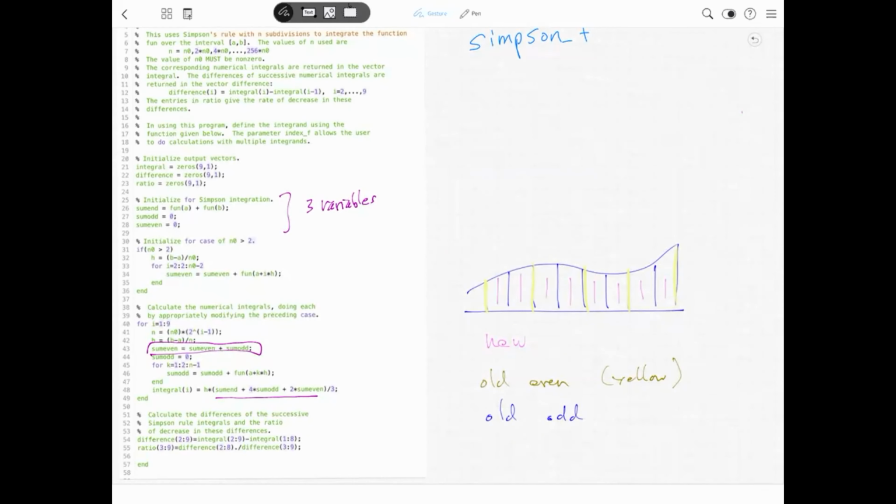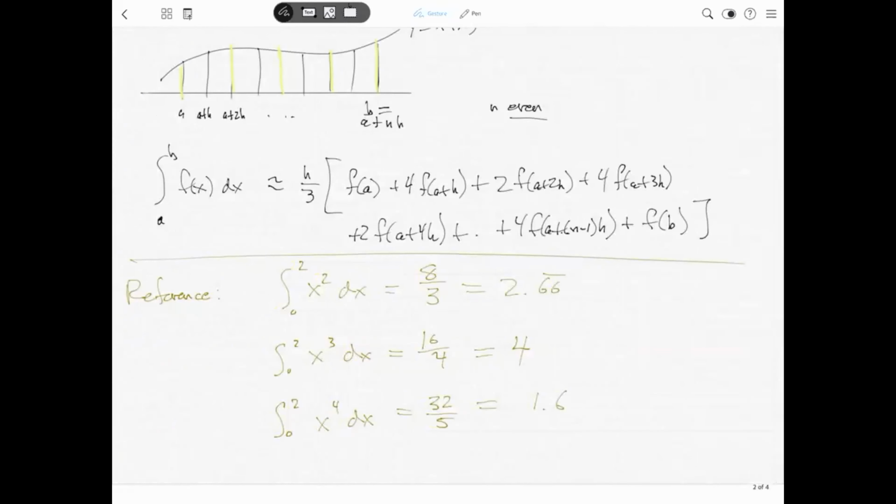And then finally, he applies Simpson's rule, and it takes h over 3 times the values at the end, 4 times the values at the odd nodes, and 2 times the values at the even nodes, right? Let's see, did I do that right before? Yes. Right, so these would be the odd nodes, and these would be the even nodes.